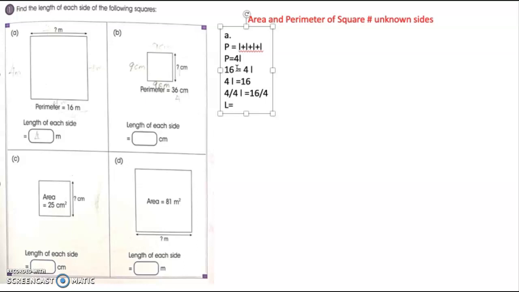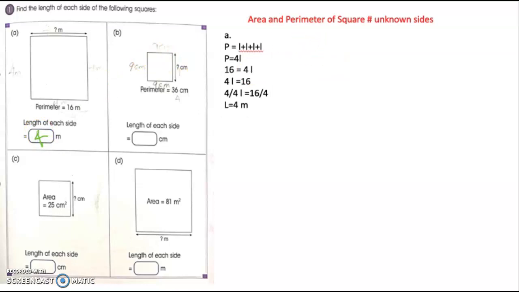That means we have to check 4 times how much is 16. 4 times 4 is 16, right? So we get L equals 4. It's in meter, so the length is also in meter. Therefore, we know that it is 4 meter one side.